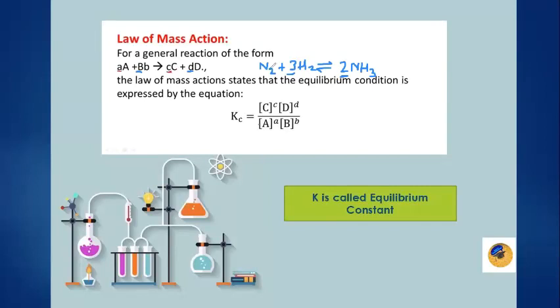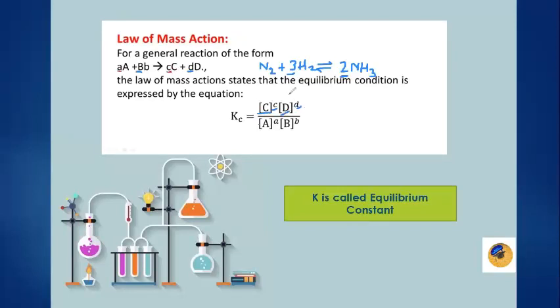So the law of mass action states that the equilibrium condition is expressed by the equation: K = [C]^c [D]^d / ([A]^a [B]^b). It is the concentration of C raised to its stoichiometric coefficient, and D raised to its stoichiometric coefficient.